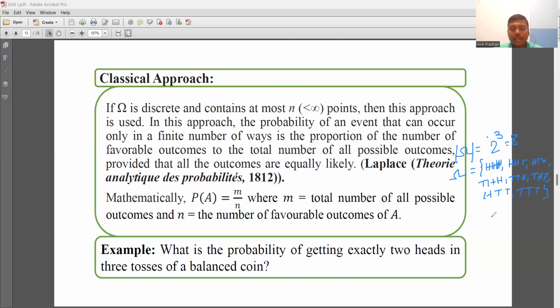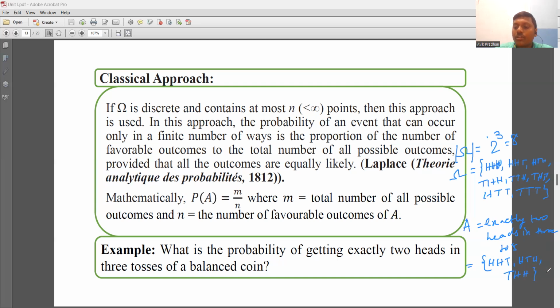Now, the event is that there will be exactly 2 heads in the 3 tosses. So if I consider A as exactly 2 heads in 3 tosses, what are the favorable outcomes for this event? They are head, head, tail; head, tail, head; and tail, head, head.